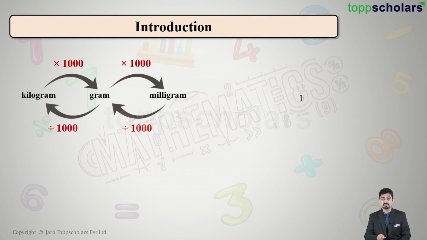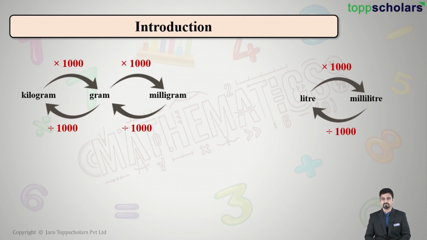That's about weights. What if we talk about capacity? That is in liters. So liter into milliliter, we convert by multiplying by 1000. And in the reverse order, converting milliliter into liter, we divide by 1000.